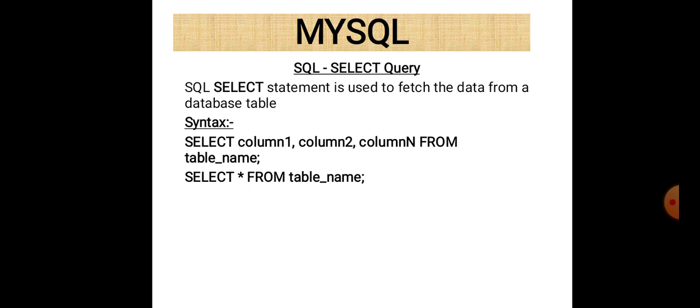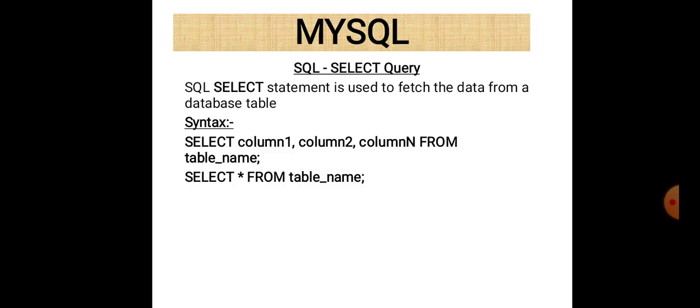So let's start first. As you know, select is basically a DML statement, and when we talk about DML statements, it clearly indicates that the commands that are used to manipulate data are called DML statements, and select is one of those.